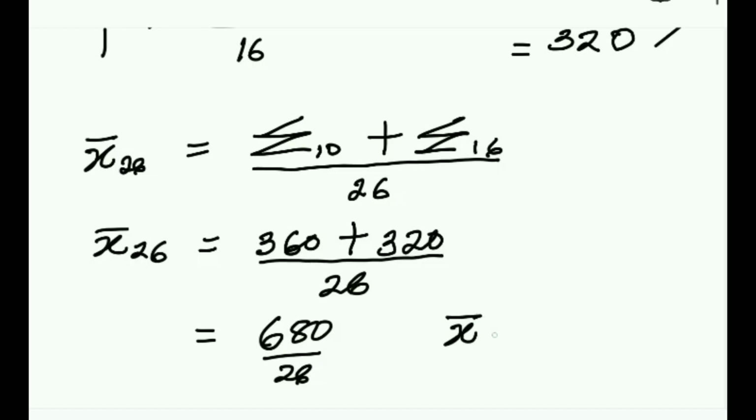And finally, the mean of the 26 scores when the scores are combined together, that's 680 divided by 26, that's 26.15. And so this is the mean when they are combined together.